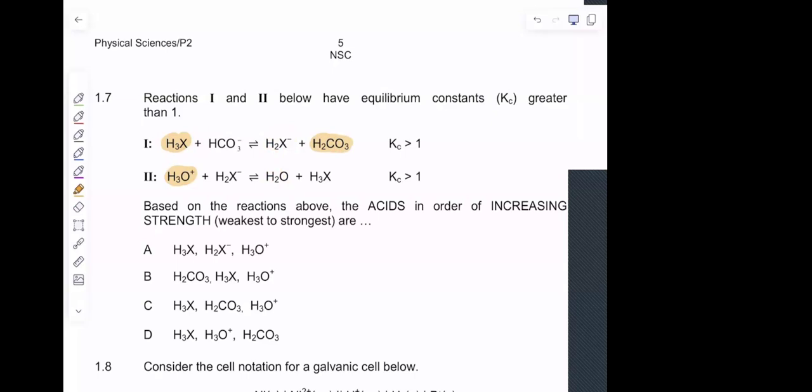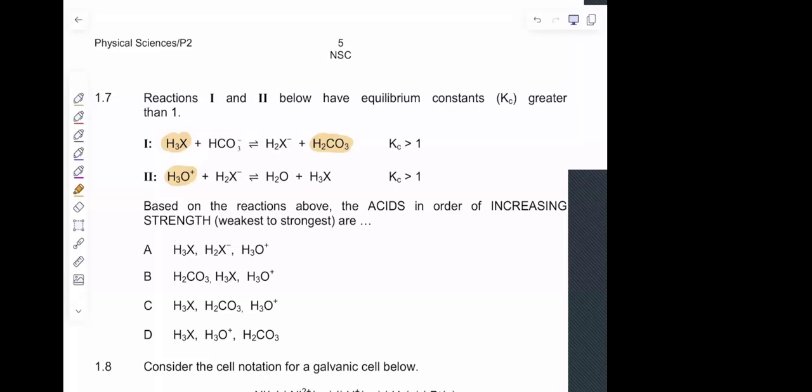Two of my acids are going to be strong because they're my main acids. The other one is going to be my conjugate acid that was created by my base reacting on the other side. So those are the three that are going to be there. And then how we can put those three together: I know that H3O plus is probably going to be the weakest of those three.